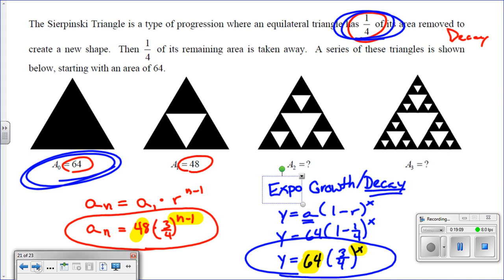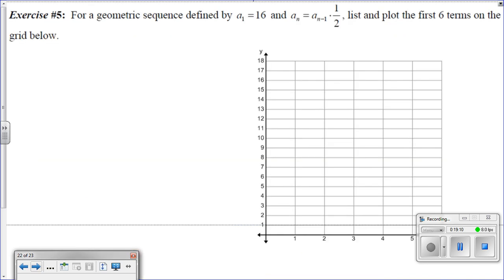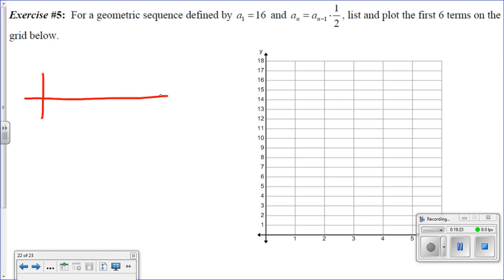Let's look at it graphically. For a geometric sequence, the first term is described as 16. So if I were graphing this, your input is n and your output is a sub n. So first term is 16.